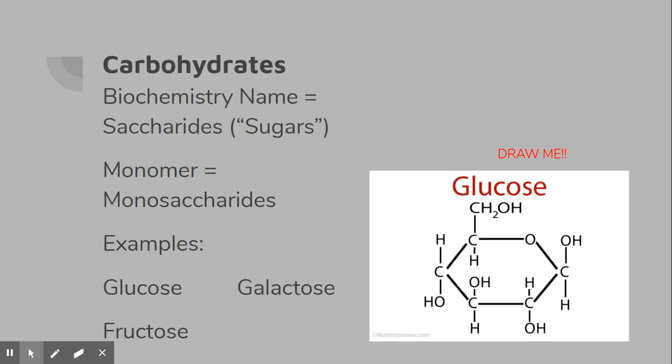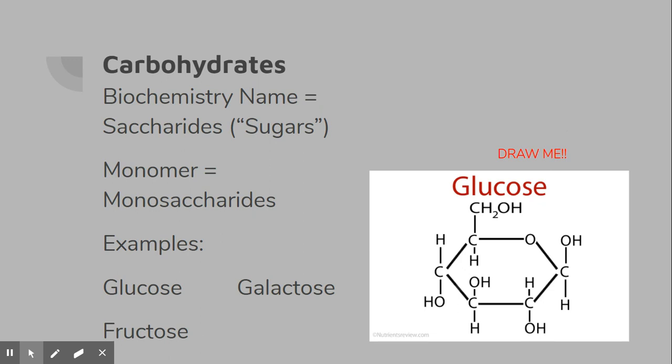Remember last week when I had those paper monomers and I joined them by linking together the H from one end of the carbon of the monomer to the OH from another end, and a molecule of water was produced, and we were linking those two monomers together. So this should look familiar for you. The chemical formula is C6H12O6. Know it, love it, tattoo it on.